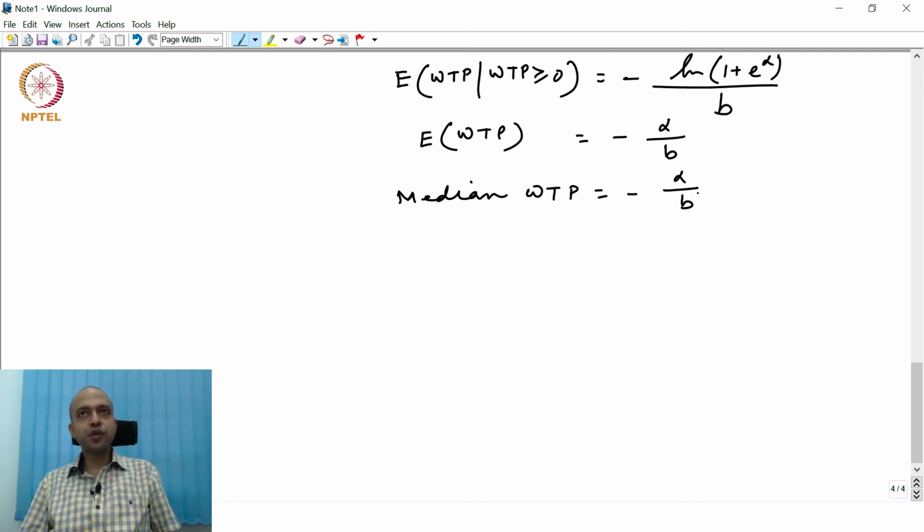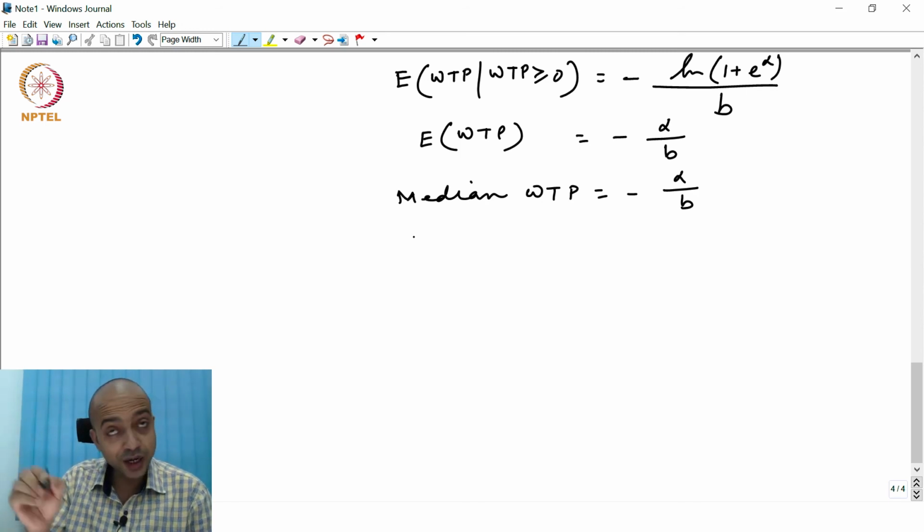Now one thing we have to keep in mind: estimation of the logit model, you can get it from my econometrics lecture on the logit model also.